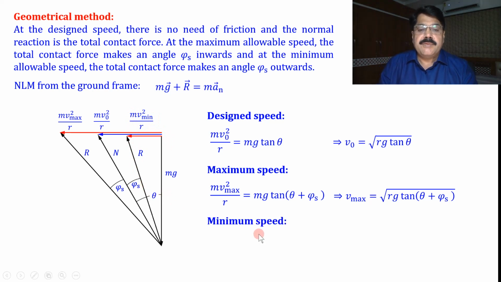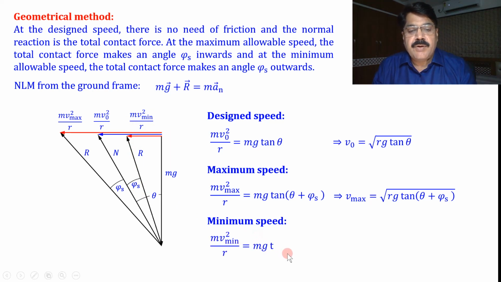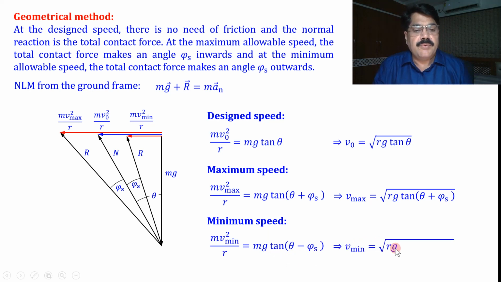So for minimum speed, m v min square by R is equal to mg tan of theta minus phi s, and we can write much more easily that v min is equal to root of g R tan of theta minus phi s.